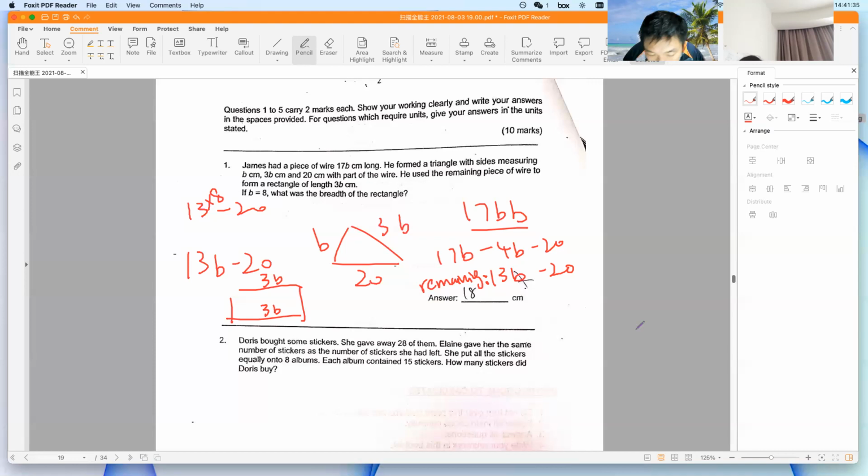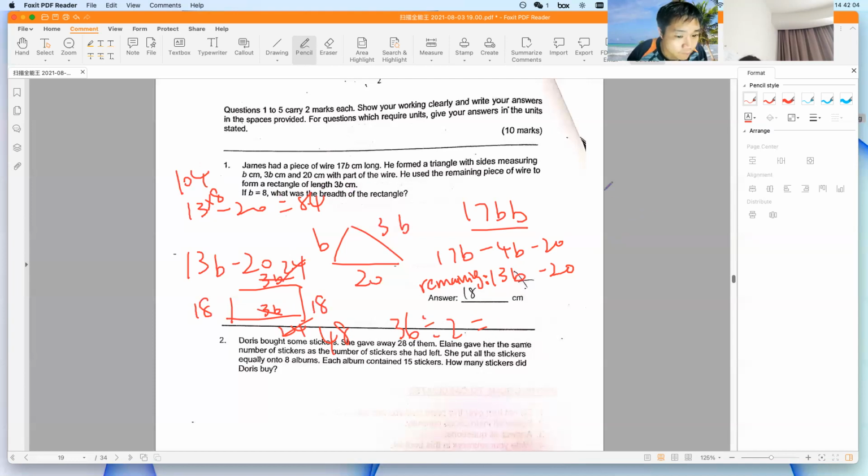So it's 104 minus 20, this 84. Then this is 24. Total up 48. So 84 minus this is 36 divided by 2. So what was the breadth of the rectangle? Isn't it 18?